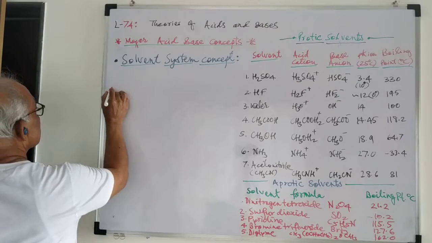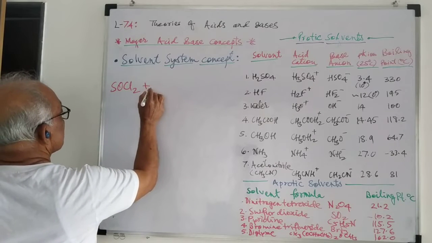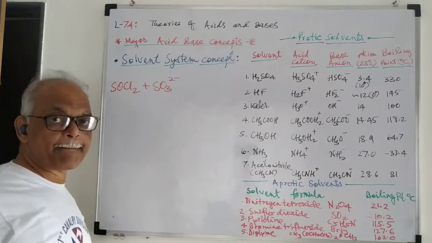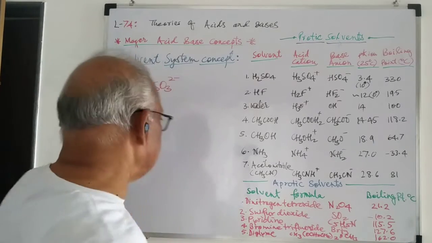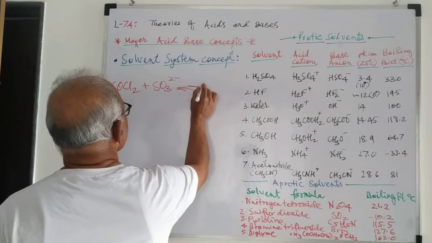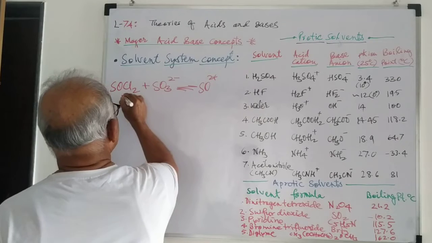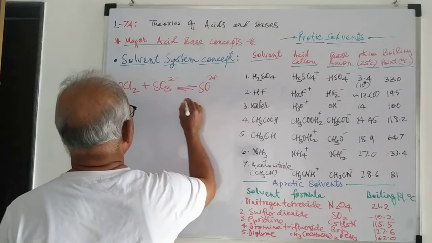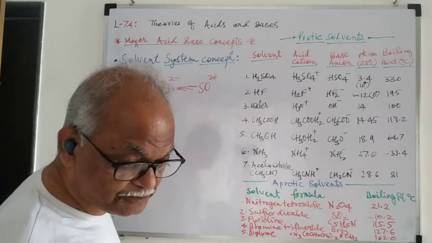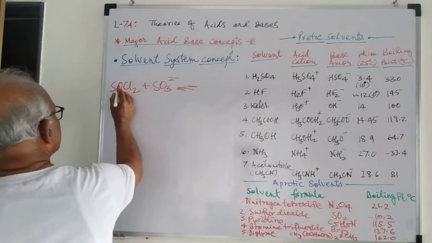If we take the reaction SOCl2 plus SO3 2-, then the product is SO2. Sometimes the product is given as SO2 plus.